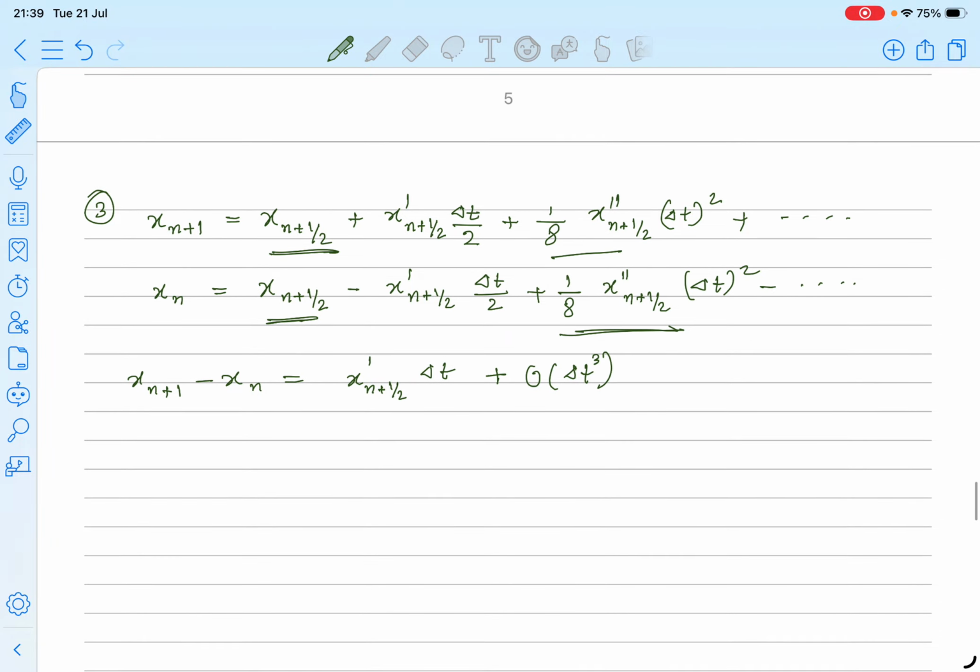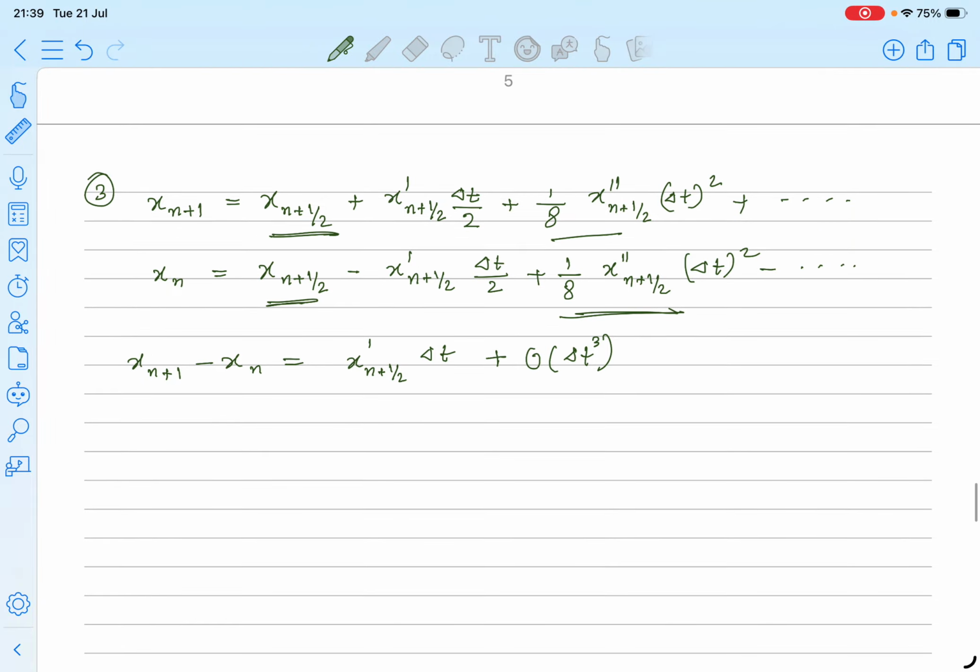So if we divide it, (x_{n+1} minus x_n) by delta t equals x' at n plus half plus order of delta t squared.